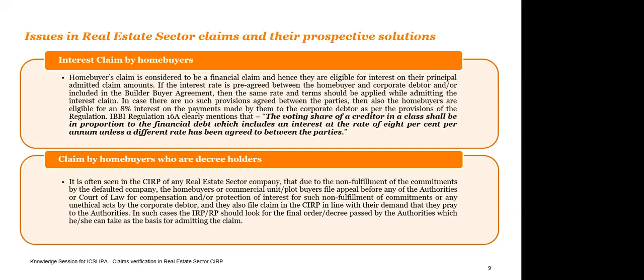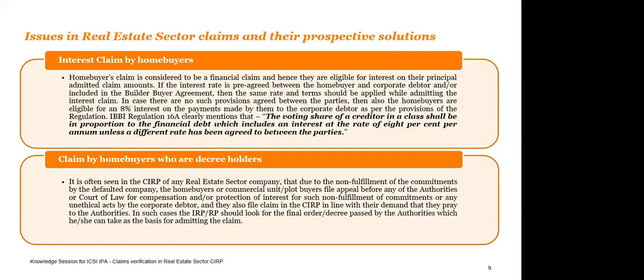As I said during the documentation, it is a very important document to see all the terms and conditions of the transaction. If it is specified, then in case of delay or any kind of default by the builder, the buyer will be eligible for a certain percentage on the money paid by him. Then it's fine, that rate needs to be taken care of.